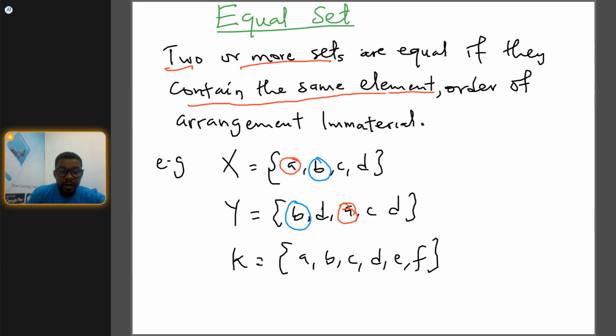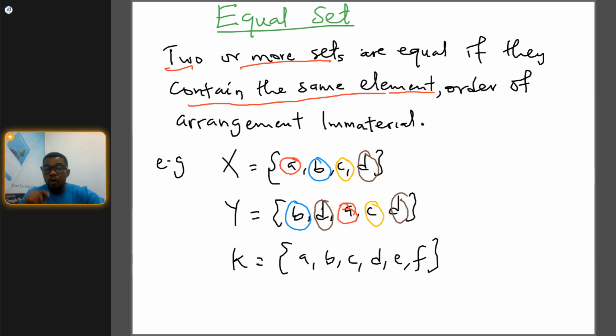We have C here, the same element. We have D here, and D here. I know you'll be asking yourself, D is repeated here. Yes, but even if D is repeated, D is still D, it is not changing.